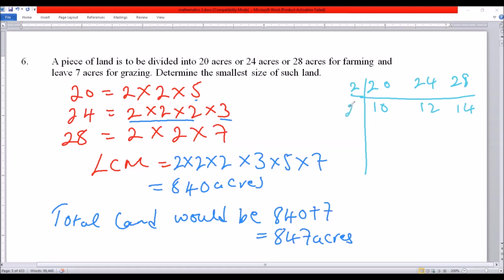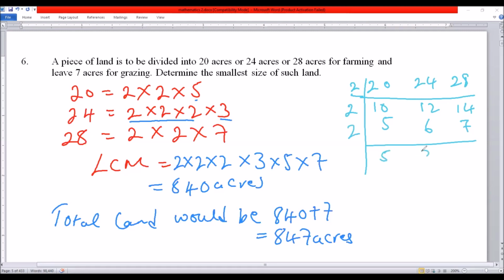You can divide by 2 again. This is 5, here it is 6, here it is 7. You can divide by 3. Here it is not visible. Not 3, but actually 2 again, because 6 is divisible by 2.